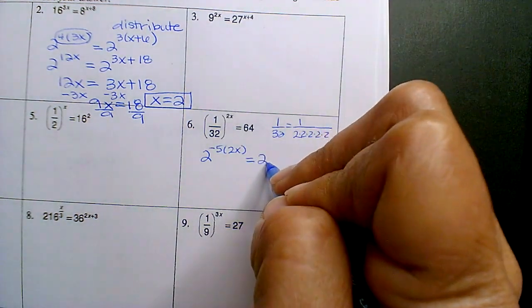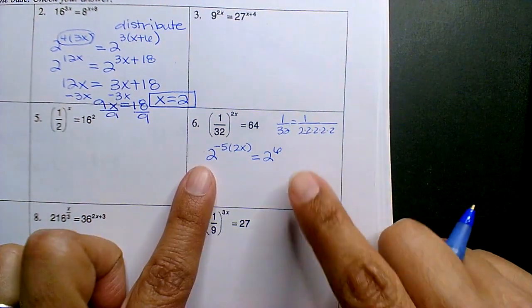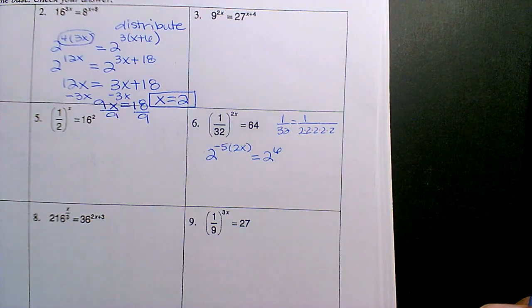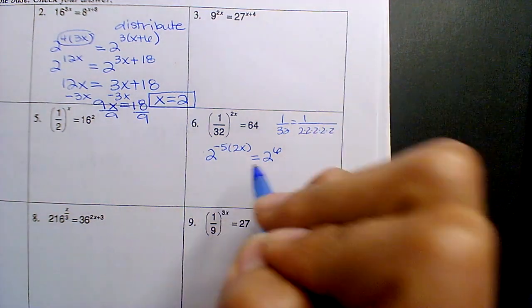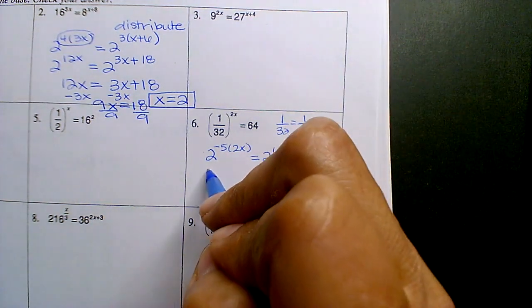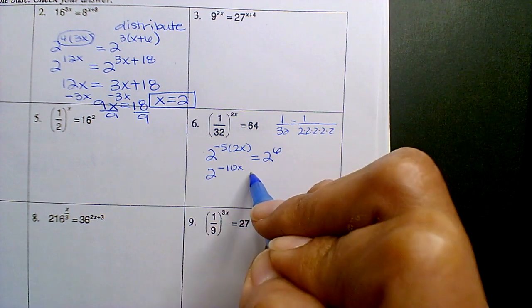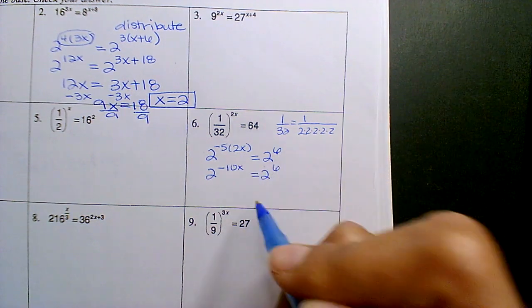So this can be expressed as 2 to the 6. And so now that my bases are both 2, I can now create an equation of my exponents. Oh wait, let me just do this one step. Negative 10x, 6. Okay, now we go.